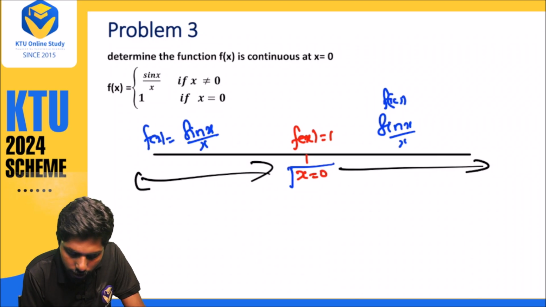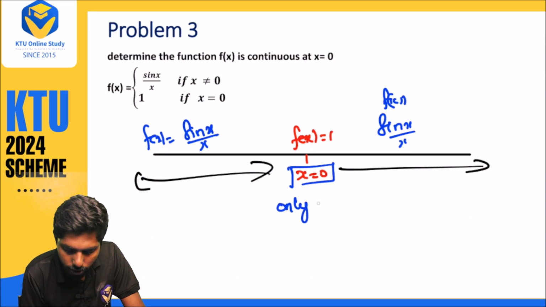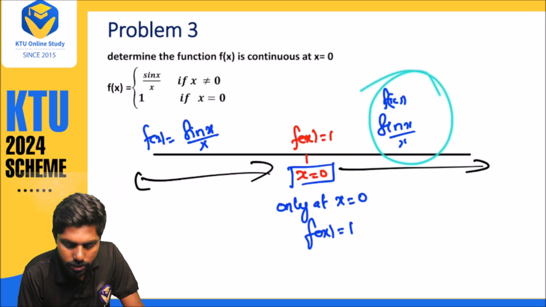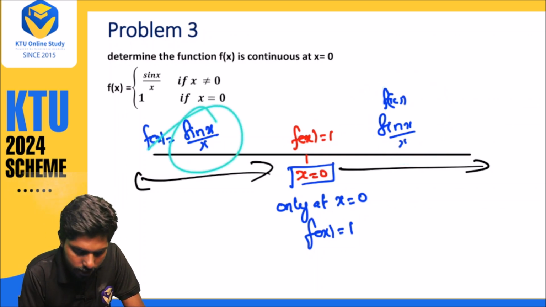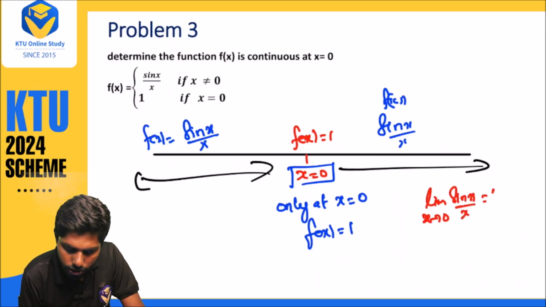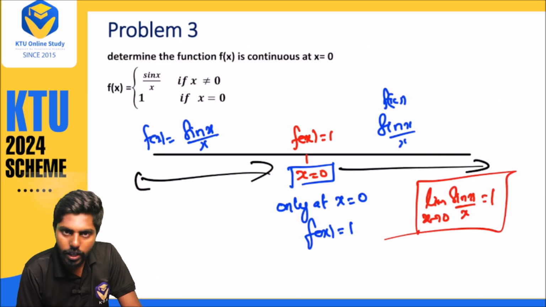Only at x is equal to 0, f of x is 1. In the rest of the area, it is sin x divided by x. And we know that the limit as x approaches 0 of sin x divided by x is equal to 1. This is the thing you want to recollect each and every time.